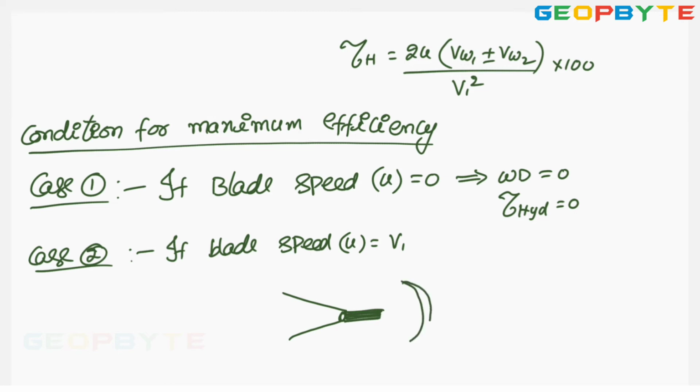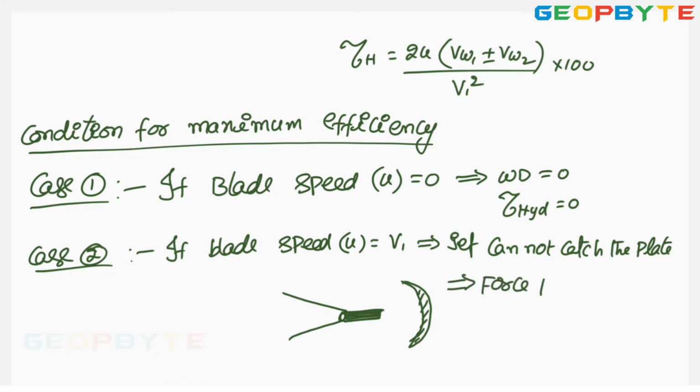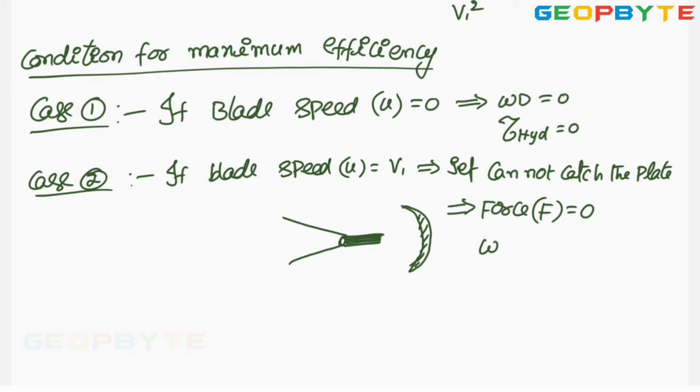This is the turbine blade. Since the blade is running with a velocity equal to the water jet speed, the jet cannot catch the plate. If the jet cannot catch the plate, then the force transmission from jet to blade equal to 0. If force equal to 0, work done will be equal to 0 and hydraulic efficiency is equal to 0.